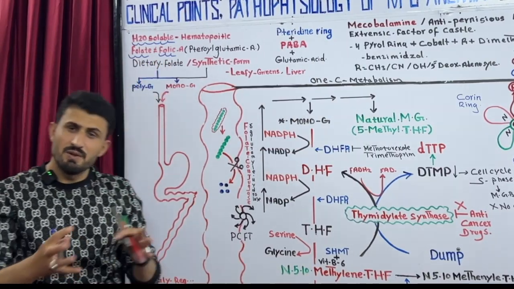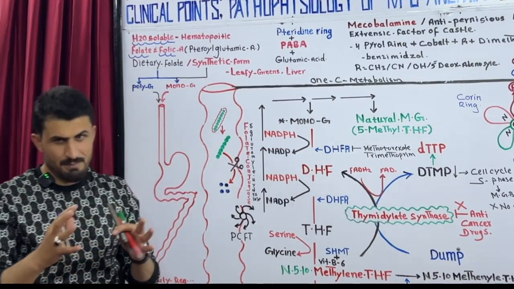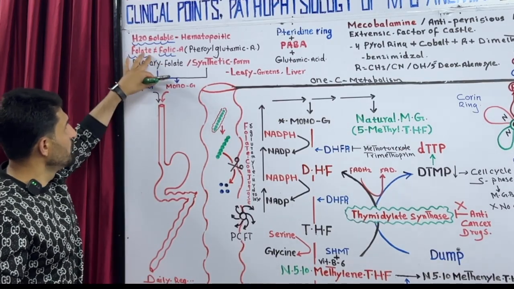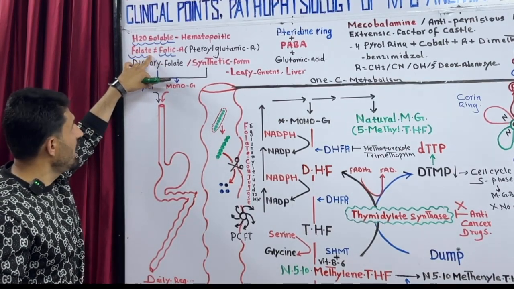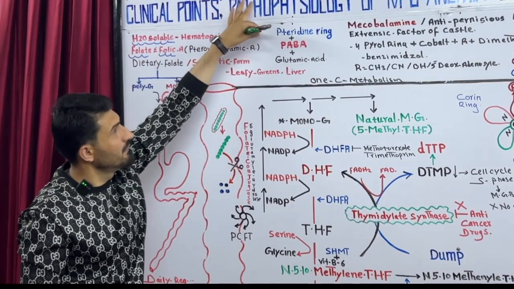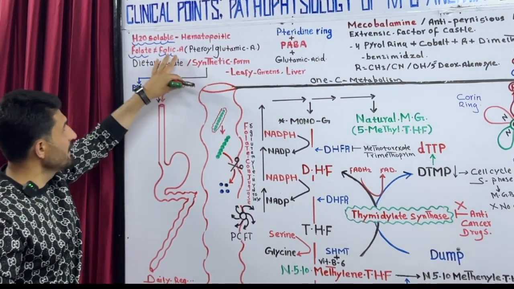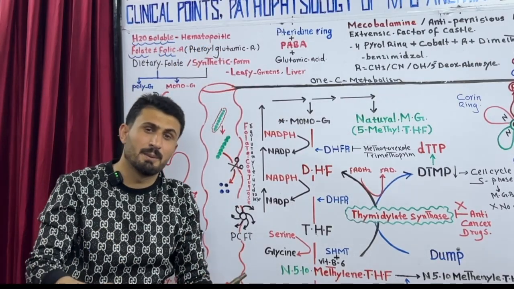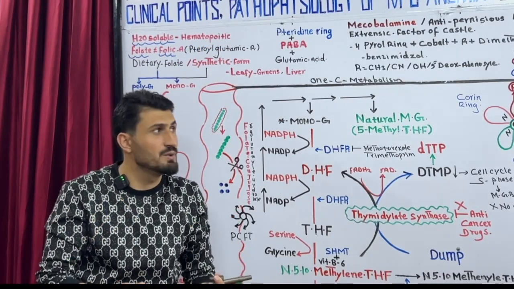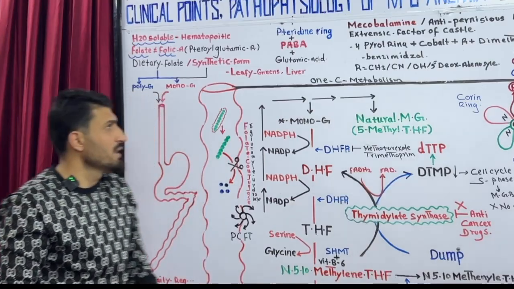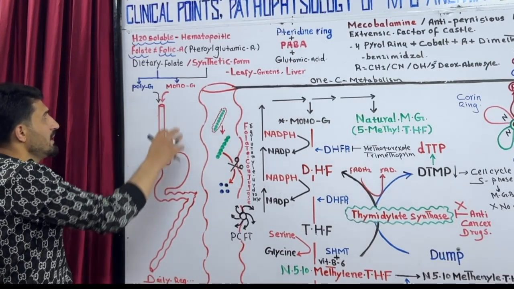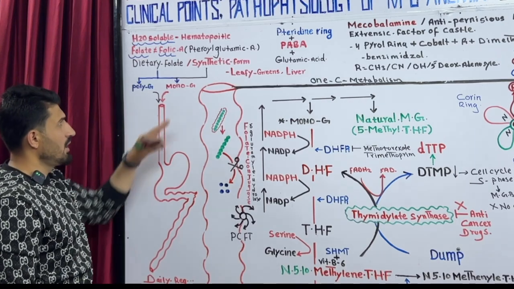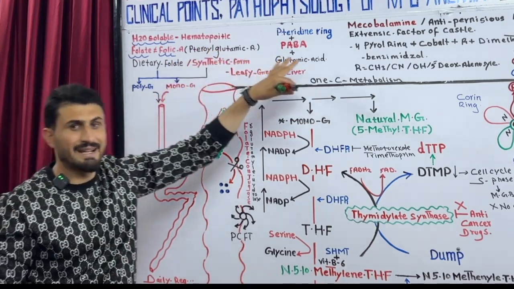They're used interchangeably, but there's a bit of difference between these two terms. Folate is used for the natural vitamin B9, and folic acid is used for the synthetic form of vitamin B9 that we use in treatment of megaloblastic anemia. Plus, sometimes folic acid is also called pteroylglutamic acid.